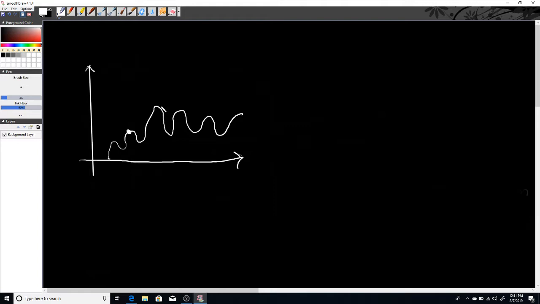We could choose this point and this point. This is, of course, still our x of t versus t graph. This is x of t1, and that's x of t2, and these are time 1 and time 2.